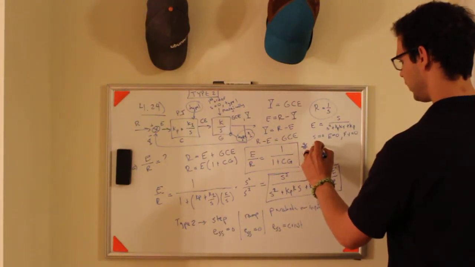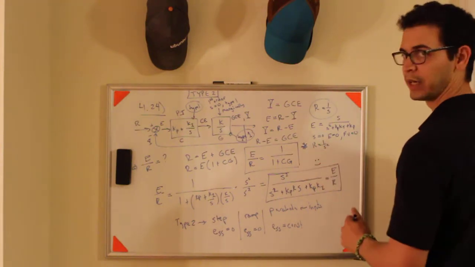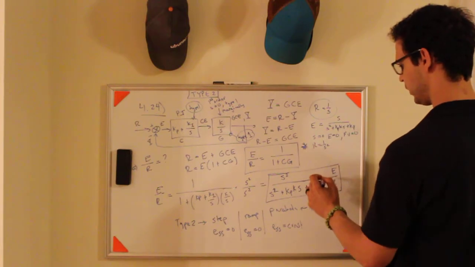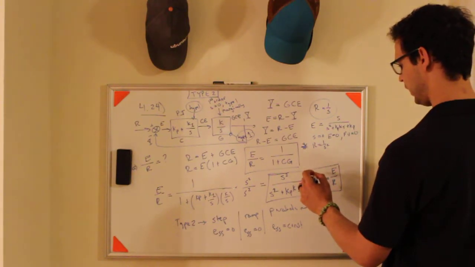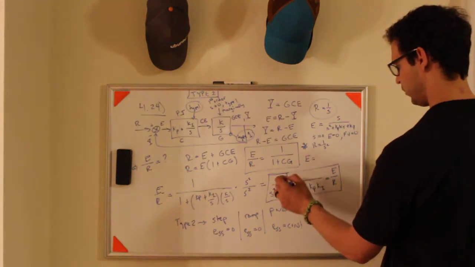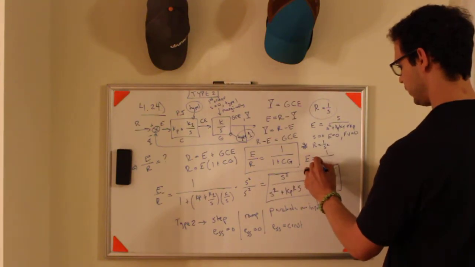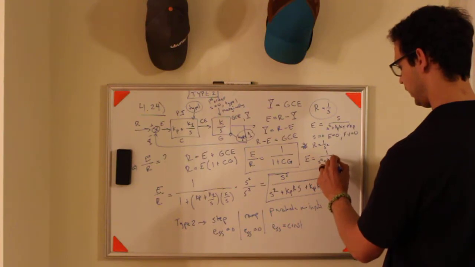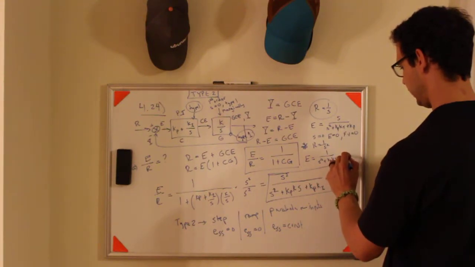Okay? If R is a ramp, right, R over 1 over S squared, I'm going to get rid of my smiley face, I'm sorry. If you do R over 1 over S squared, then the S squareds are going to cancel, and you're going to get E equals 1 over S squared plus KPKS plus KPKI.